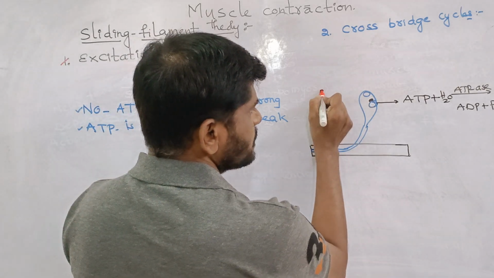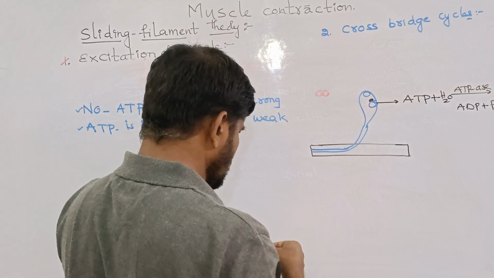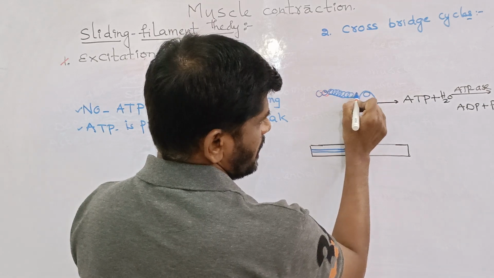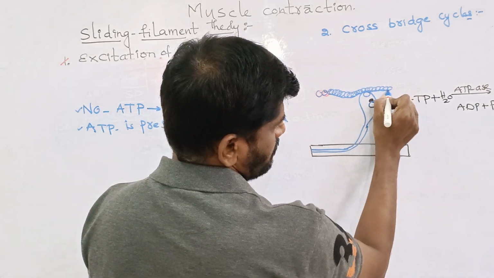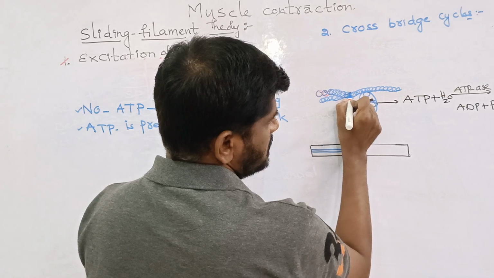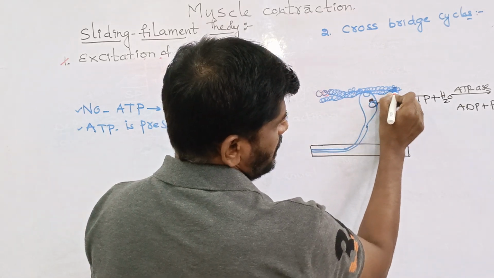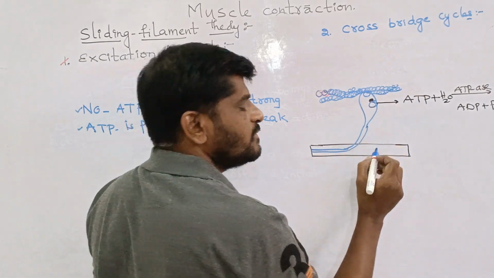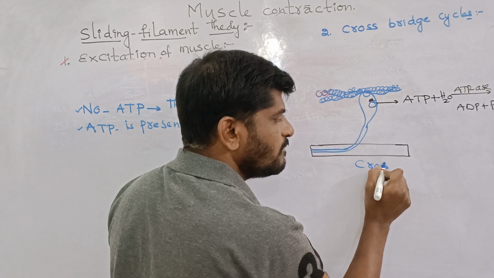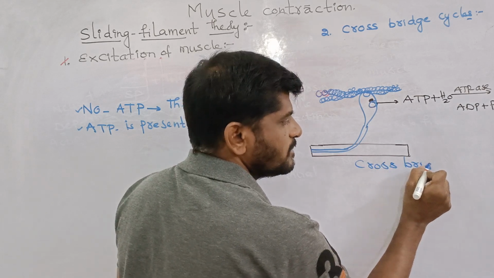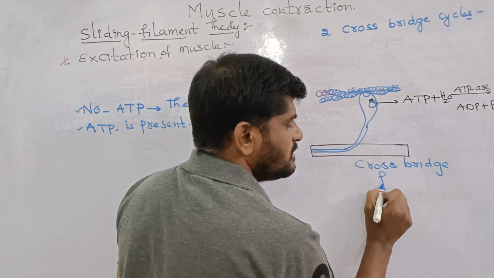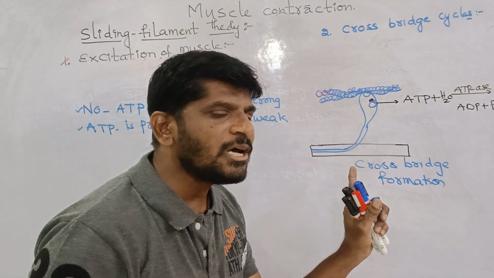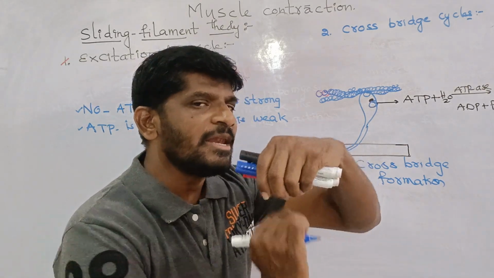This is the thin filament, and the thin filament contains the F actin. This is one F actin, and this is another F actin. Ultimately, the bond is strong between the actin and myosin because of the cross bridge. This is the meaning of cross bridge formation. For the formation of the cross bridge, it needs energy to bind.